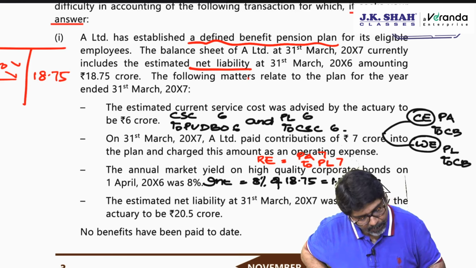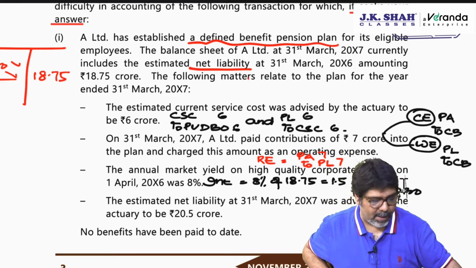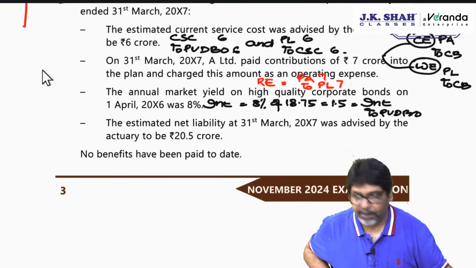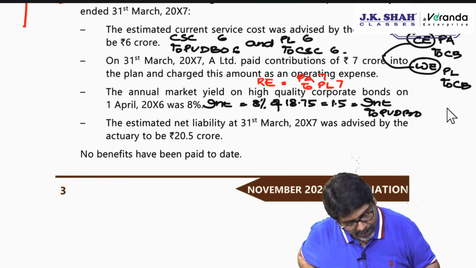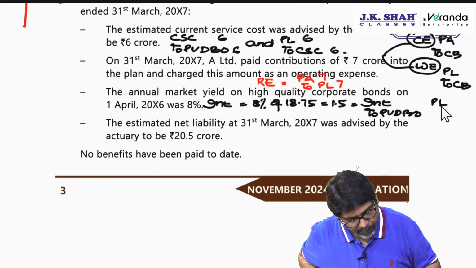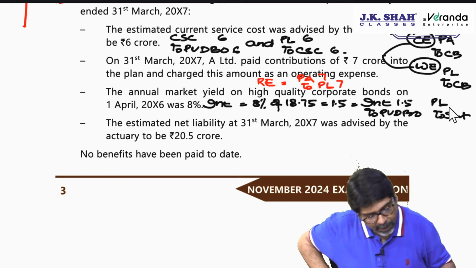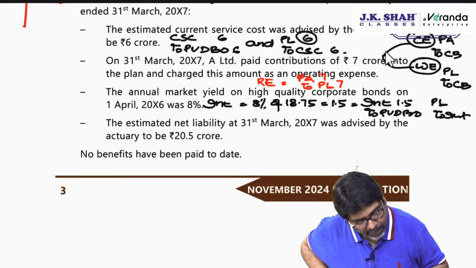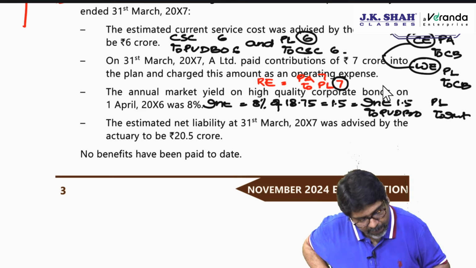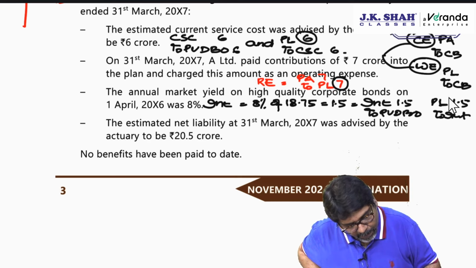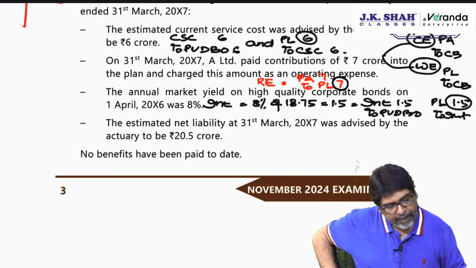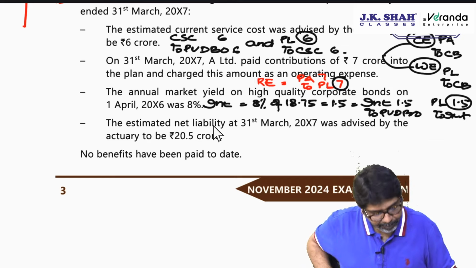Entry is interest to PVDBO, and PL to interest, 1.5. So PL is decreasing by 6, increasing by 7, decreasing by 1.5.